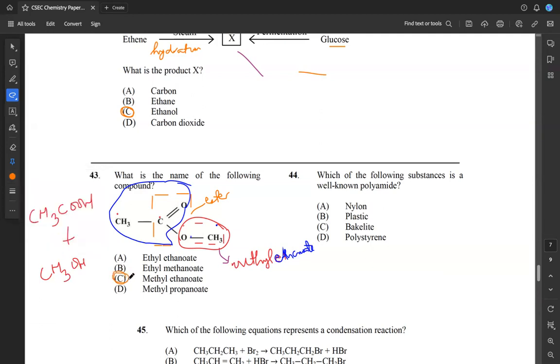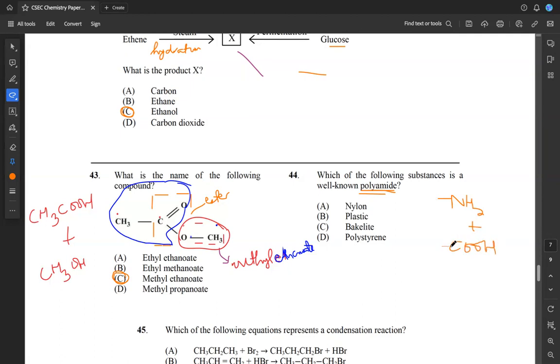Okay? All right. So moving right along to 44. 44 says, which of the following substances is a well-known polyamide? So polyamide is formed from the condensation of when you have an amine functional group reacting with an acid functional group. Right?